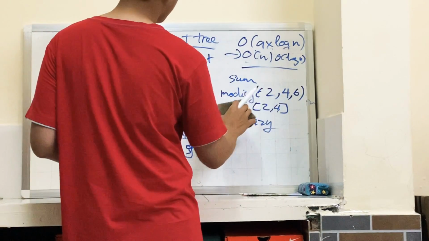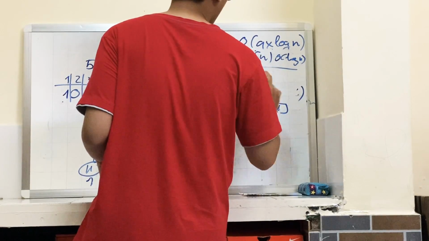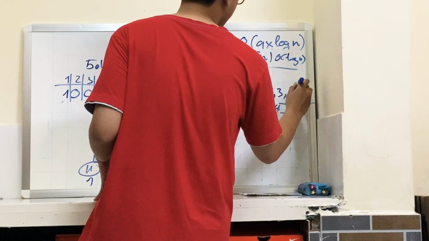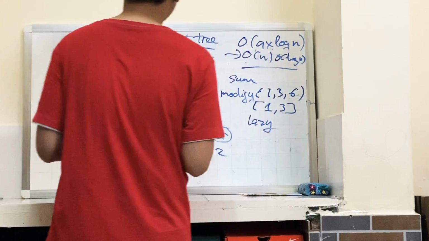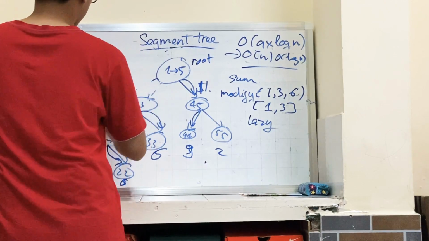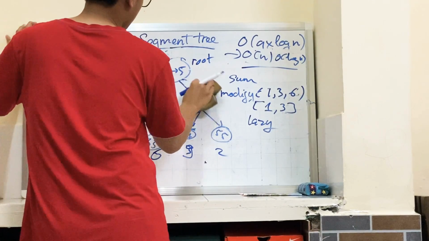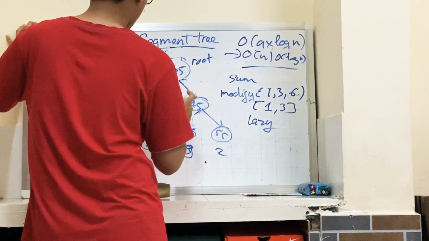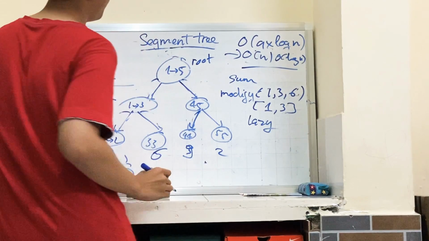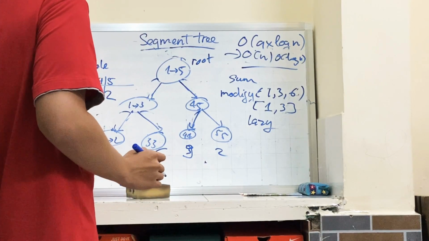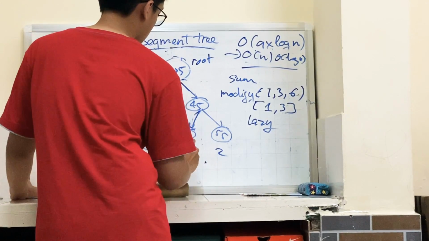I will set the modify from 1 to 3, and I will add 6.